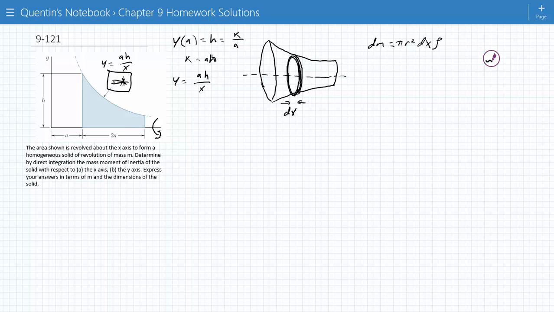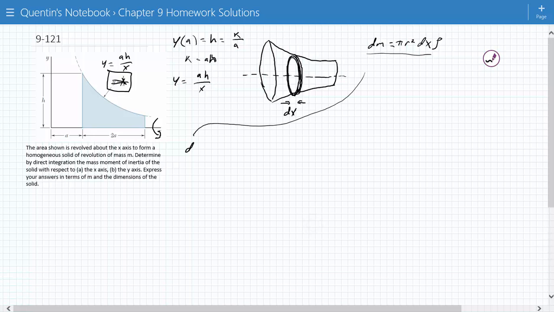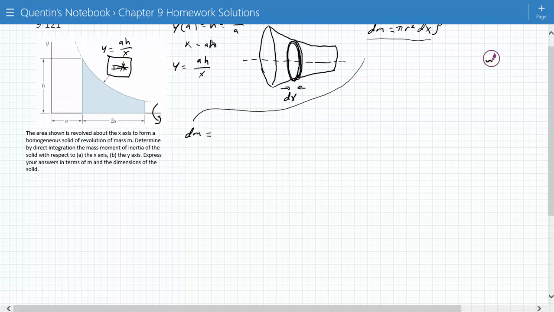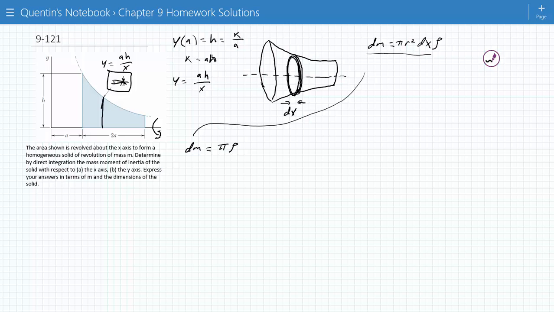I'm going to take this over here so I can get a little more space. Therefore dm is equal to pi rho times r squared times dx. What is r in this case? r is going to be from here to here, which is also y.